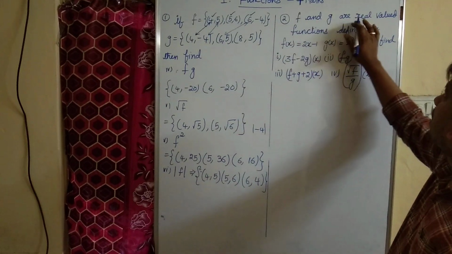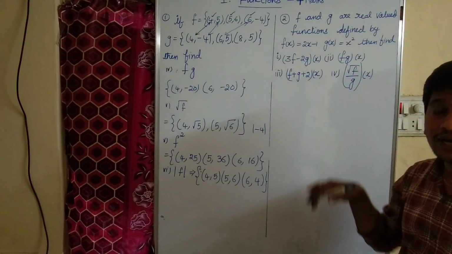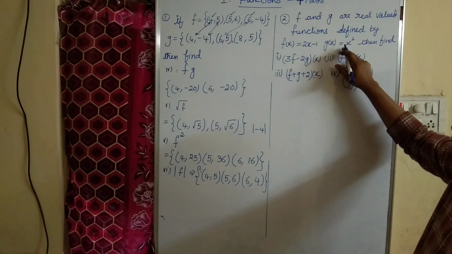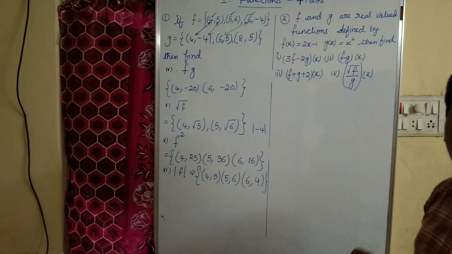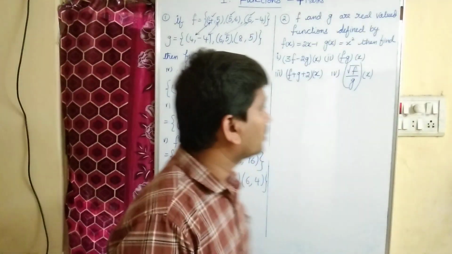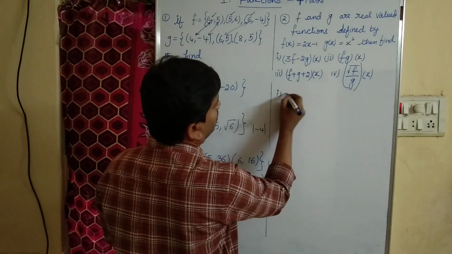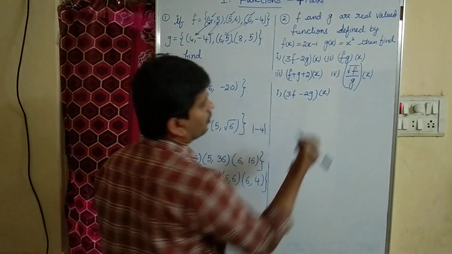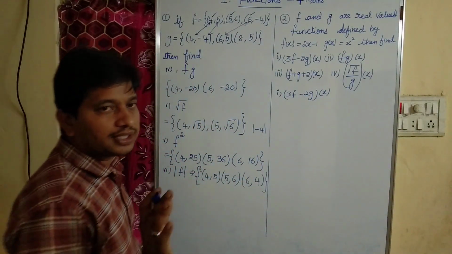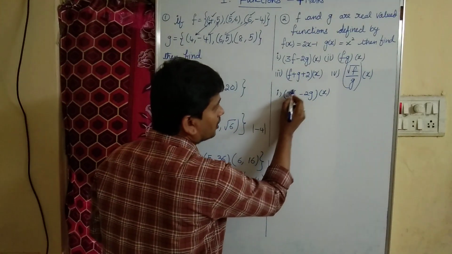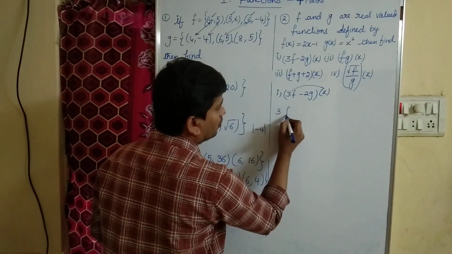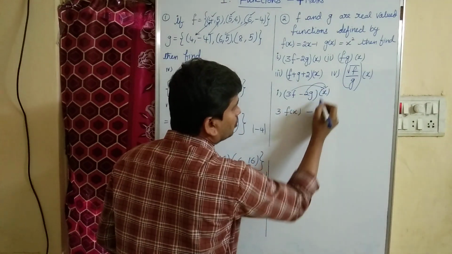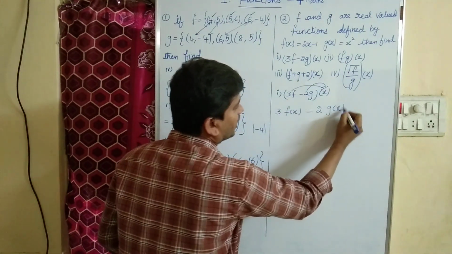If f and g are real valued functions defined by f of x equal to 2x minus 1, g of x equal to x square, then find the first question, 3f minus 2g into x. How can I write it? As 3f minus 2g into x. If you listen properly, 3 into f of x minus 2 into g of x, right?